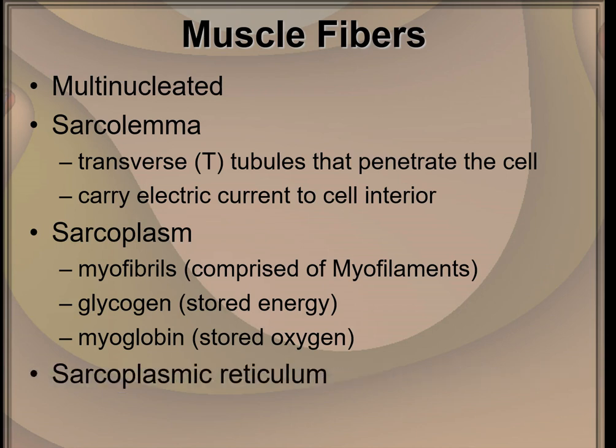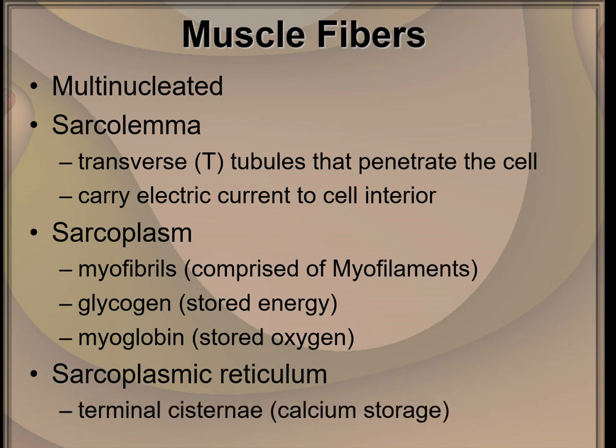We have the sarcoplasmic reticulum, which is a muscle's endoplasmic reticulum. And in these muscle fibers, there's kind of large pockets called terminal cisternae. They're just parts of the sarcoplasmic reticulum. The sarcoplasmic reticulum's job is to store calcium because calcium is necessary for muscle contraction.